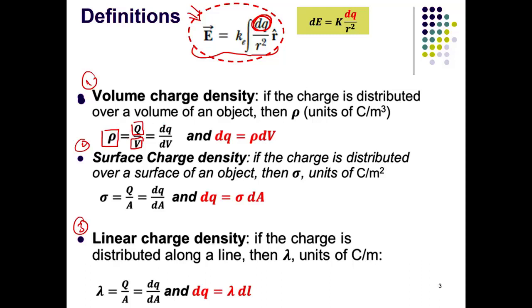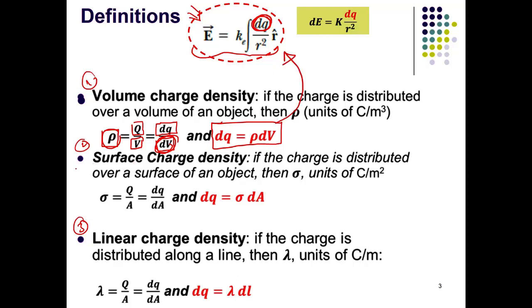If the charge is distributed over a volume, we need to divide the volume into many, many small volumes. Each small volume will carry a charge dq, and that small volume will be dV. So rho is equal to Q divided by V, and also equal to dq divided by dV, which in this case means dq is simply equal to dV multiplied by rho. So if you have a three-dimensional problem, most probably you need to use dq in that equation.